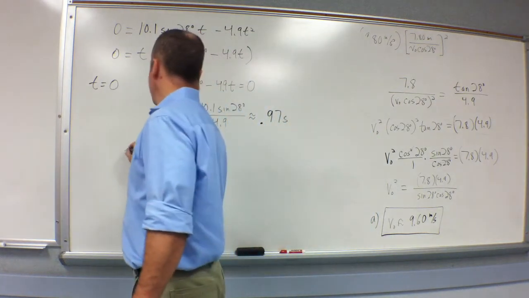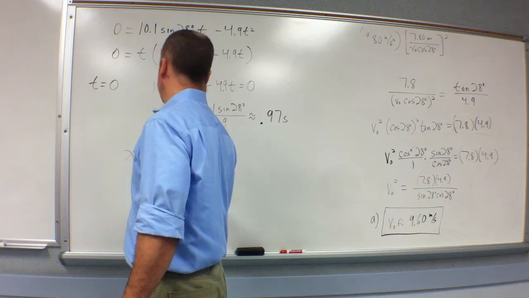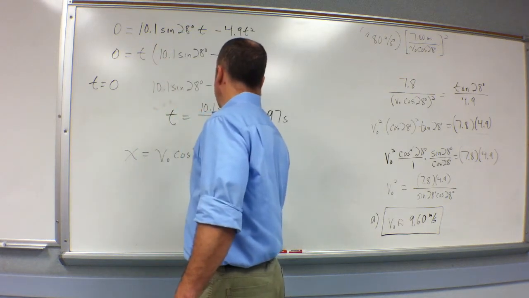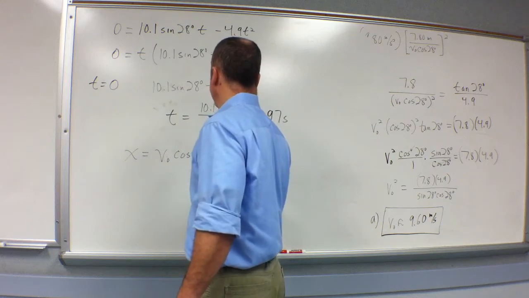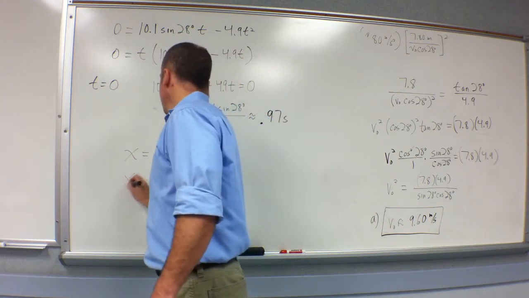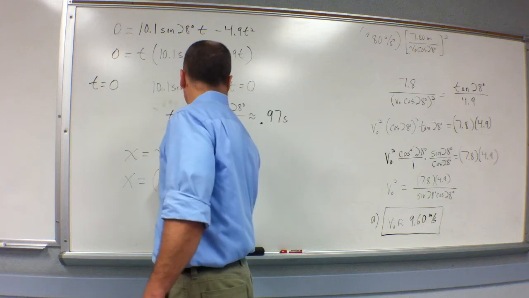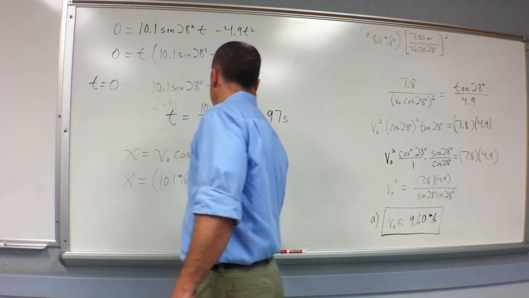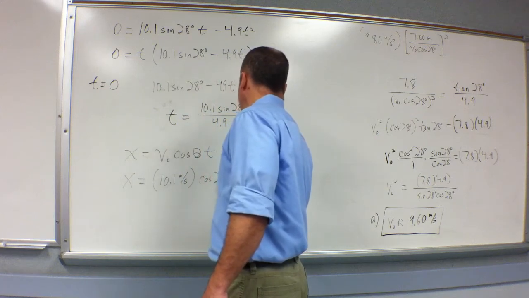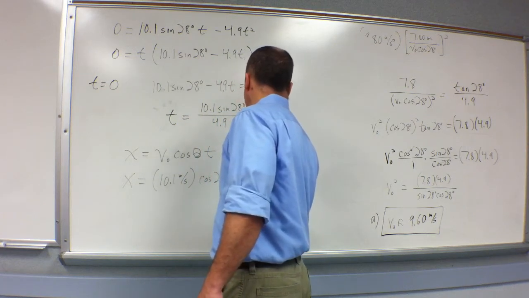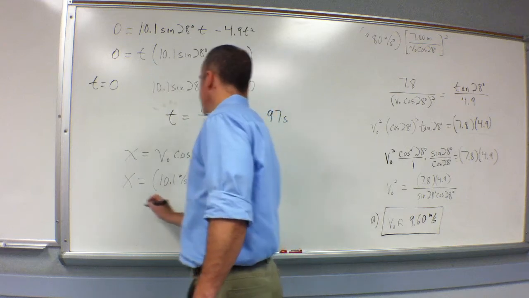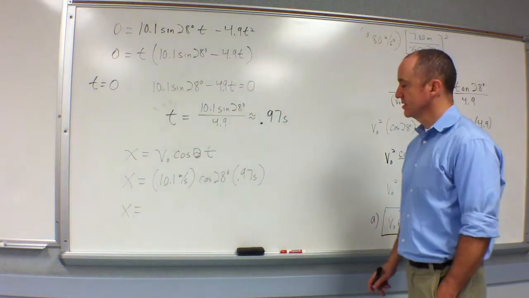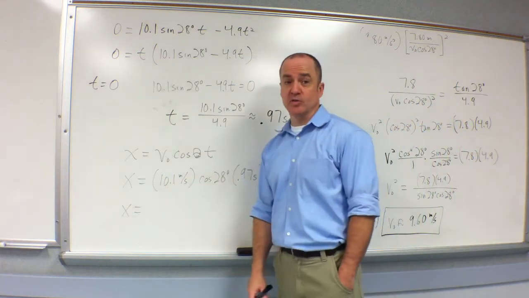But we have enough information now to go back to horizontal distance equals initial velocity cosine theta times time. And specifically for this one, it's going to be x equals 10.1 meters per second times the cosine of 28 degrees times 0.97 seconds. So that should be about 10 meters, because this is close to 1 and that's close to 10.